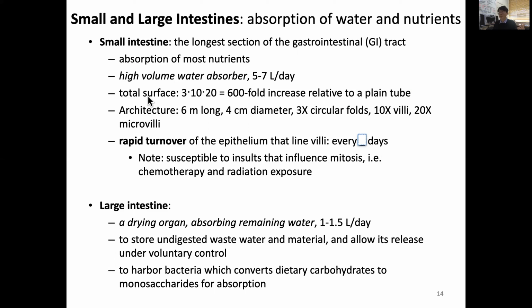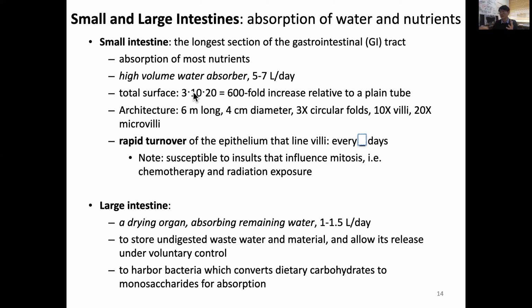For the surface area, as I told you, the circumferential folds give about a 3-fold increase, and the villus structure increases it about 10-fold. And up to the epithelium, single epithelial cells have fine microvilli that we sometimes call the brush border from a pathology point of view, because it looks like a hazy brush under light microscopy.